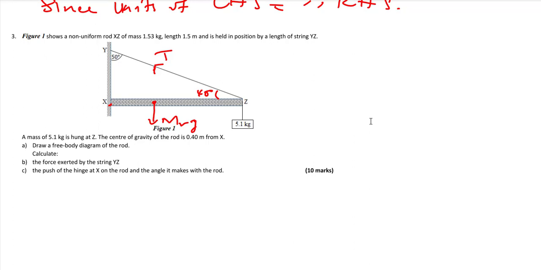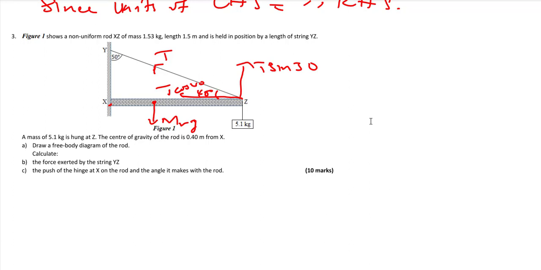Here we have T. We have two components of the tension. Let's resolve all the system at once. Here we have T cos 40, and the vertical component will be T sine 30.